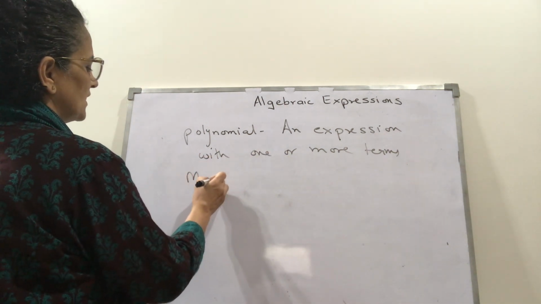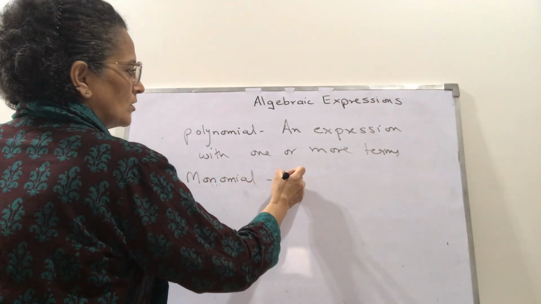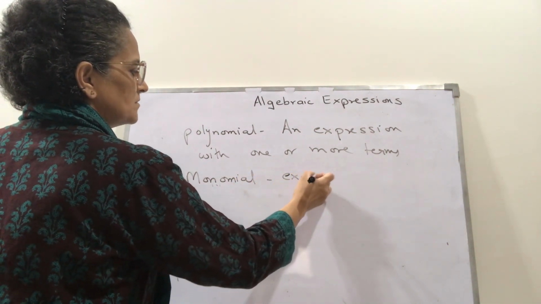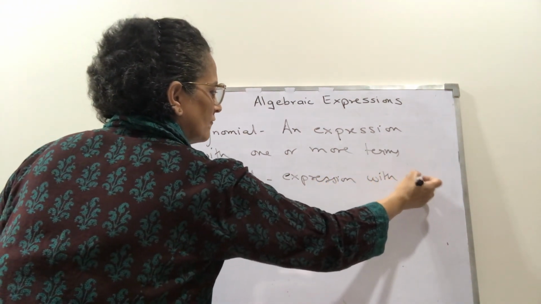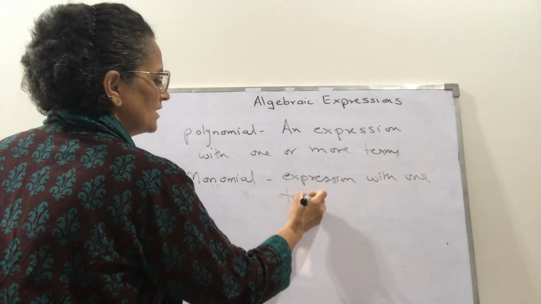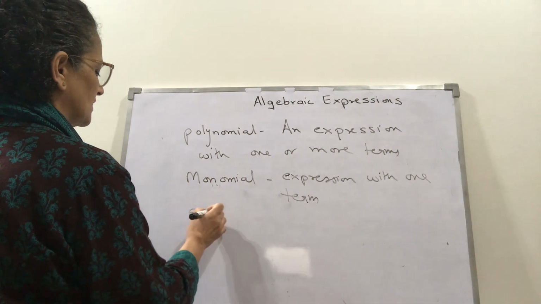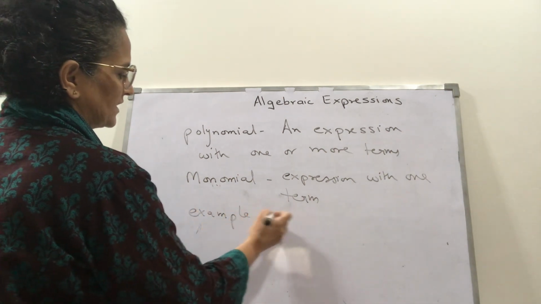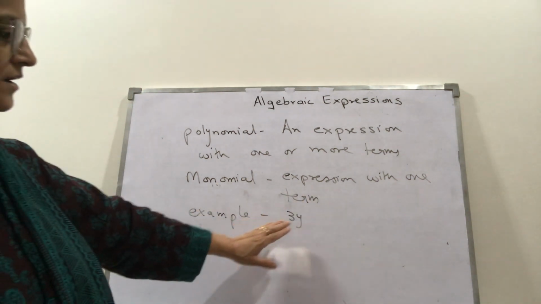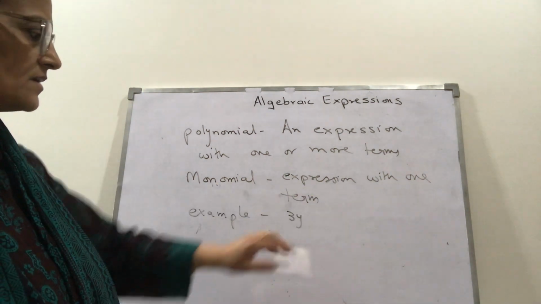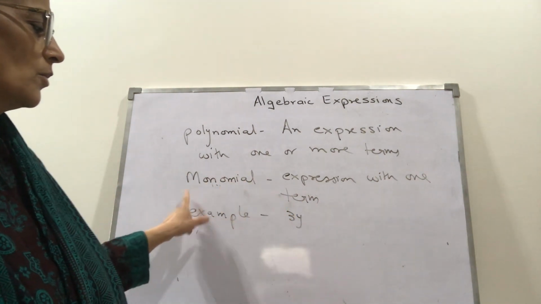So first thing is we talk about monomial. Expression with one term is called monomial. So example can be taken as 3y. Only one term is there. No combination of plus and minus. Only one term is there. So this is called monomial.